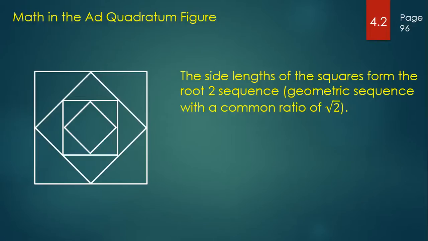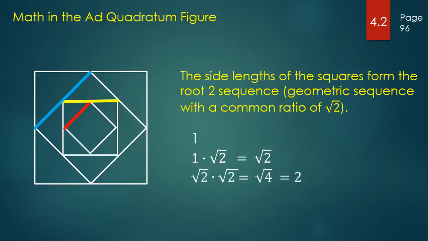So if we go back to that inner square, and let's say that we've decided that the side length of that inner square is 1 unit, then the side length of the next largest square has to be the square root of 2 times that 1 unit, or the square root of 2 units long. And the side length of the next square is the square root of 2 times the previous side length.